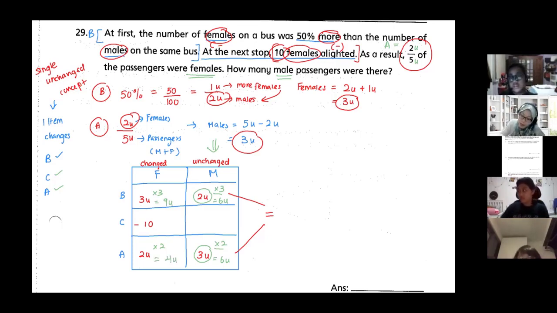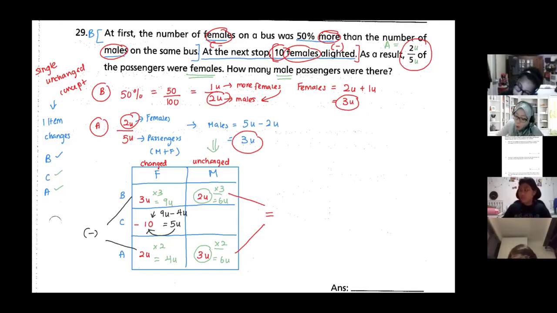Now I want to find how many units represent these 10 females who alighted. I take the difference between the before and after for females, which means 9 units minus 4 units equals 5 units. That represents 10.